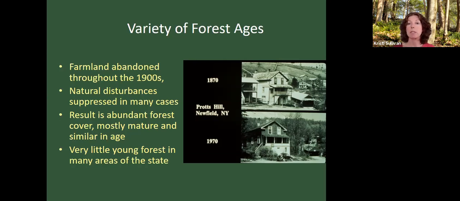In the top picture, you can see a lot of pasture land in the background. And on the bottom, you can see it's the same building, but with forest land grown up. And that's in the 1970s. So basically, that's the story across much of both Pennsylvania and New York State. So we have a lot of mature forest, and in many areas, very little young forest.